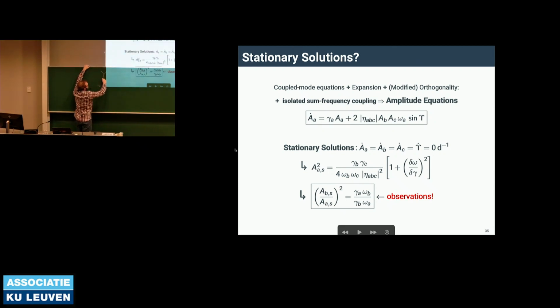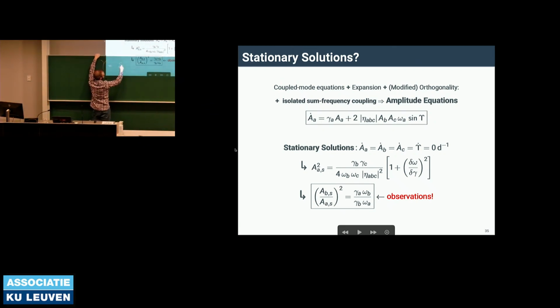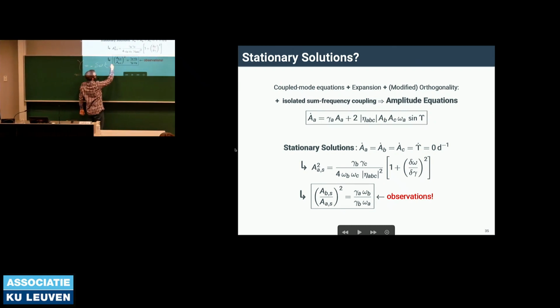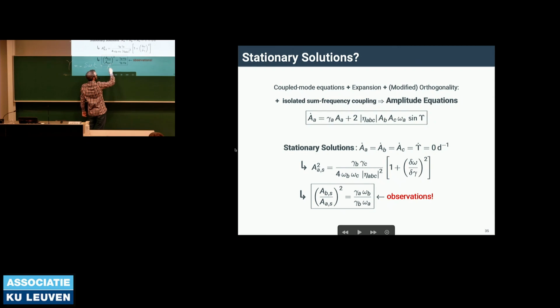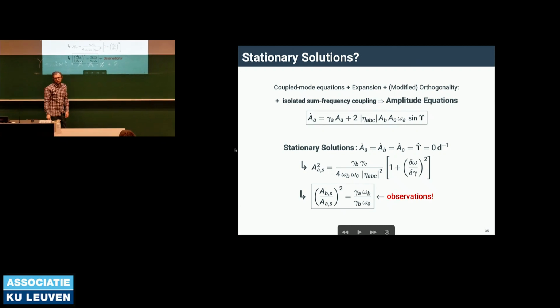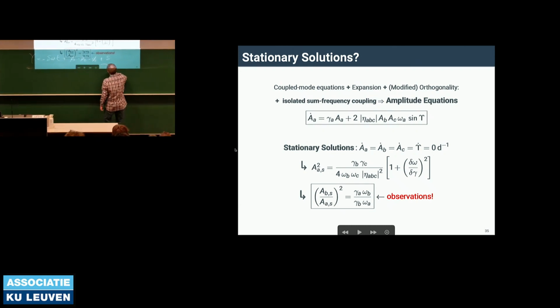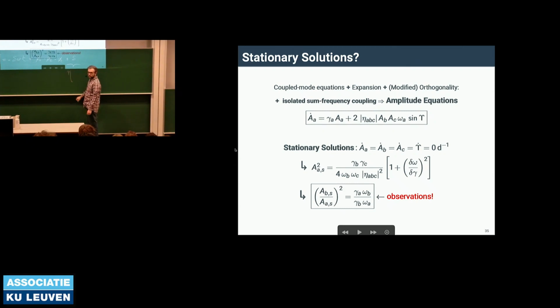Epsilon is the difference between the frequencies times the time, plus, if I recall correctly, the phase of A minus the phase of B minus the phase of C plus delta, and this delta comes from your coupling coefficient, which is defined as a complex coupling coefficient.